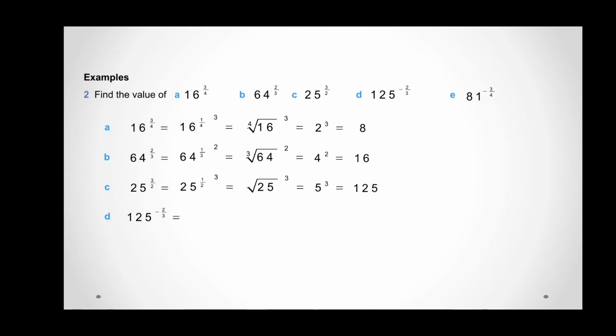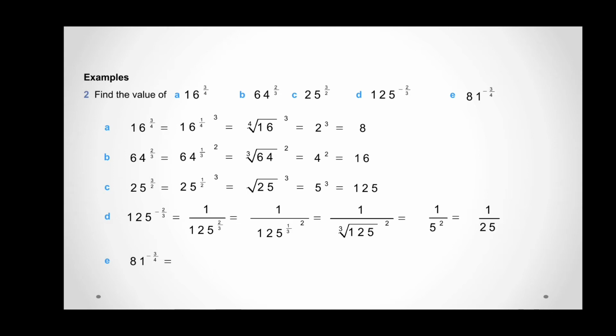Next one, 125 to the power minus 2 over 3, you can write as a plus power, 1 over 125 to the power plus 2 over 3. That means the cube root of 125, then after that you have to square it. So the cube root of 125 is 5, then 5 square is 25. So the answer is 1 over 25.